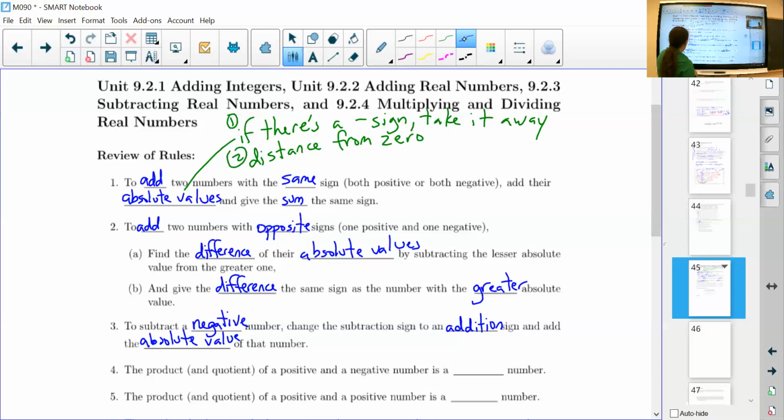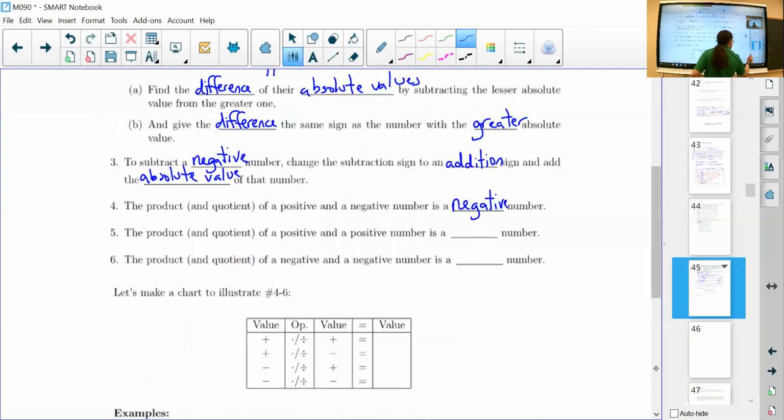And the product or quotient of a positive and negative number, so that's the answer to the multiplication problem, the answer to the division problem, positive and negative is going to be negative. Positive and positive is positive. Negative and negative is, my first thought was negative when I first learned this, but it's actually positive.